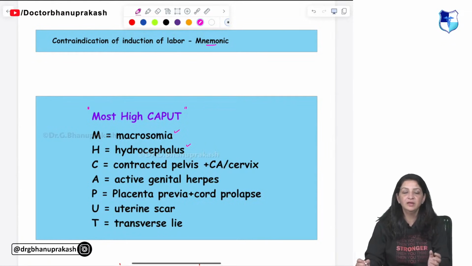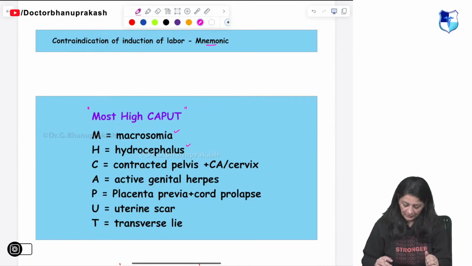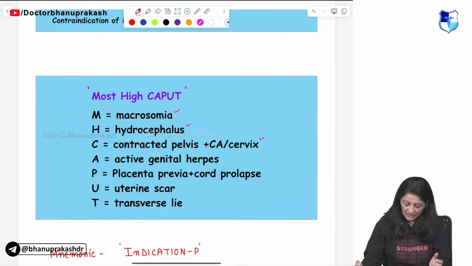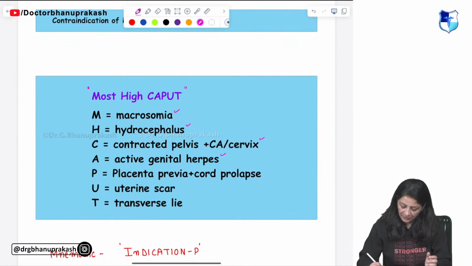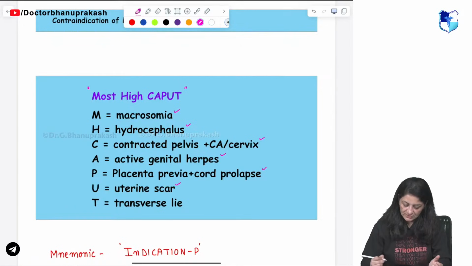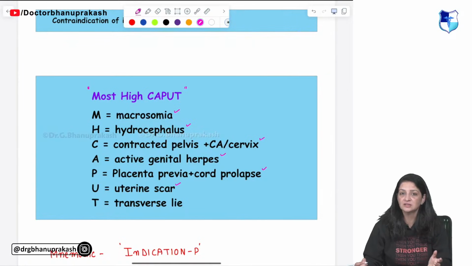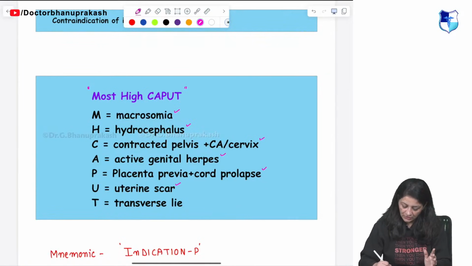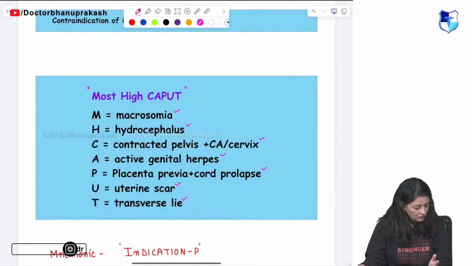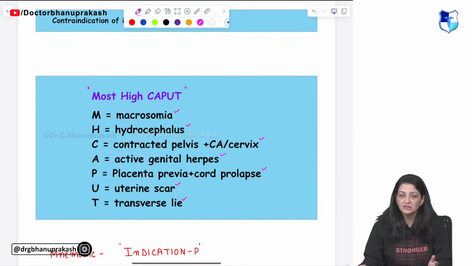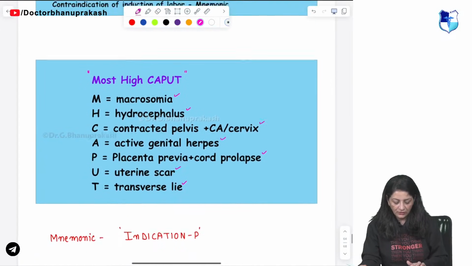Hydrocephalus, big head of the baby. Contracted pelvis, CA cervix, active genital herpes, placenta previa and cord prolapse, uterine scar. If there are uterine scars, then it can cause uterine rupture. Transverse lie. Initiation of labor is called induction. So these are the contraindications.